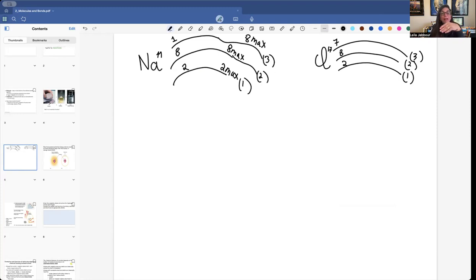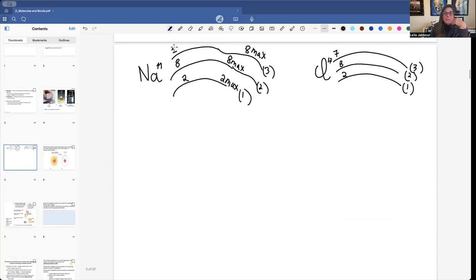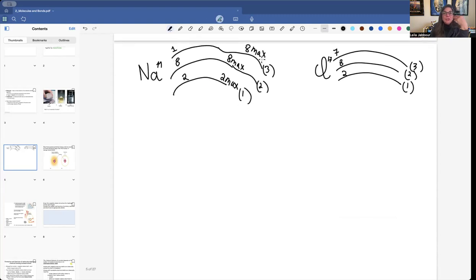And these atoms will have a tendency to want to have these shells full. So in order to have a full shell, sodium will have to acquire 7 electrons in order to have 8 electrons in this valence shell.